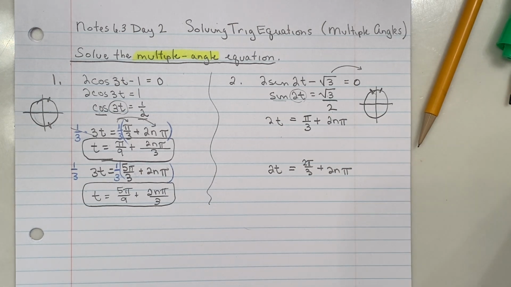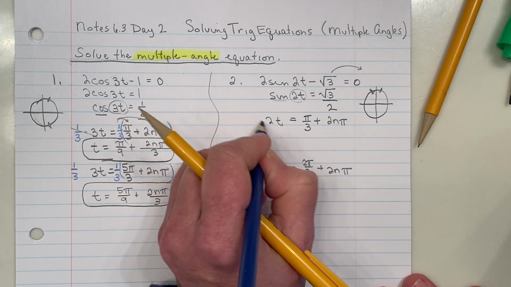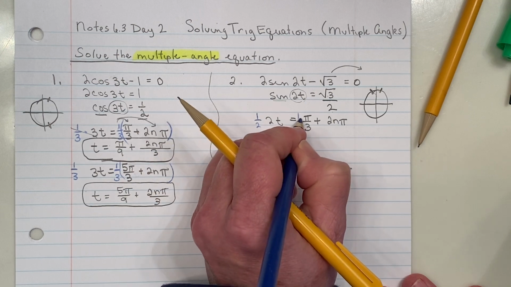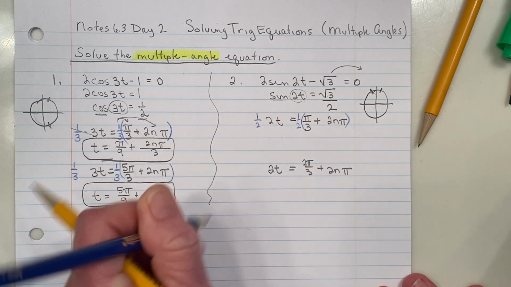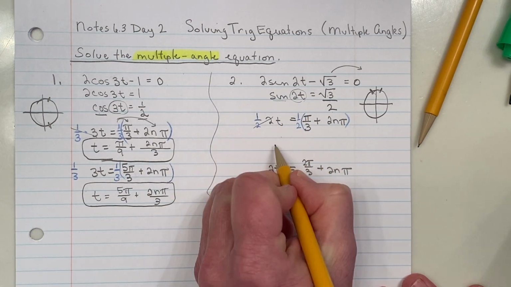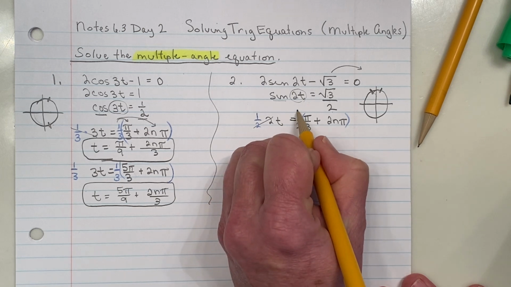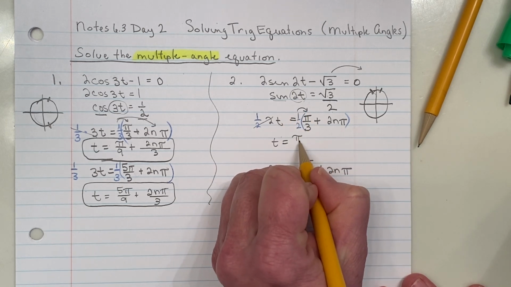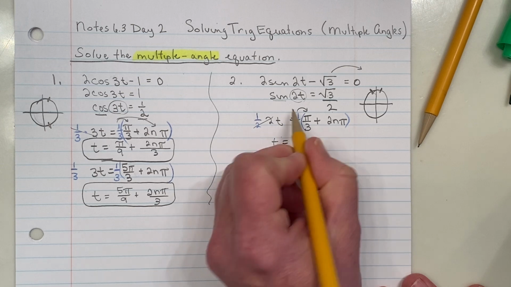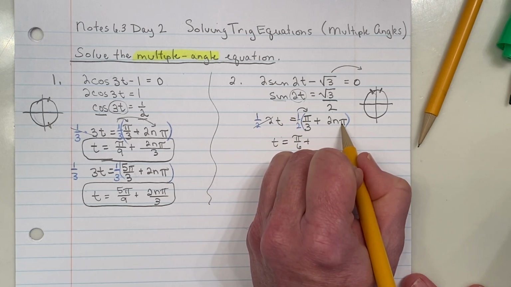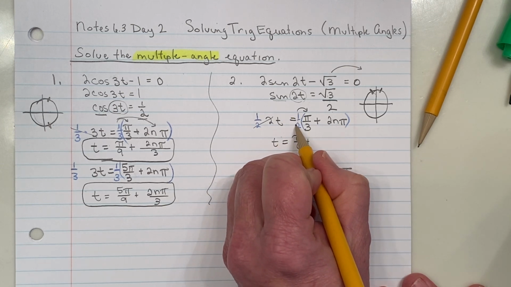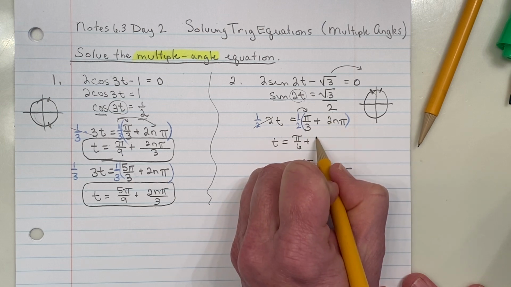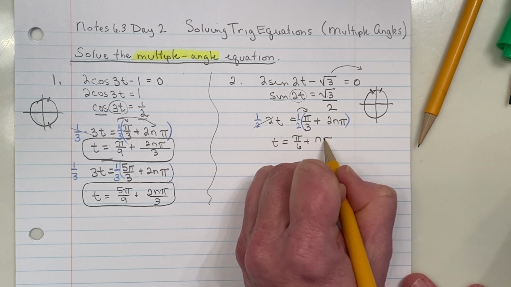We're not done until we get t by itself. So now I'm going to multiply by the reciprocal 1/2 on both sides of the equation. When you multiply 1/2 times 2n pi over 2, this 2 would divide with that 2, and so we're really just left with n pi.